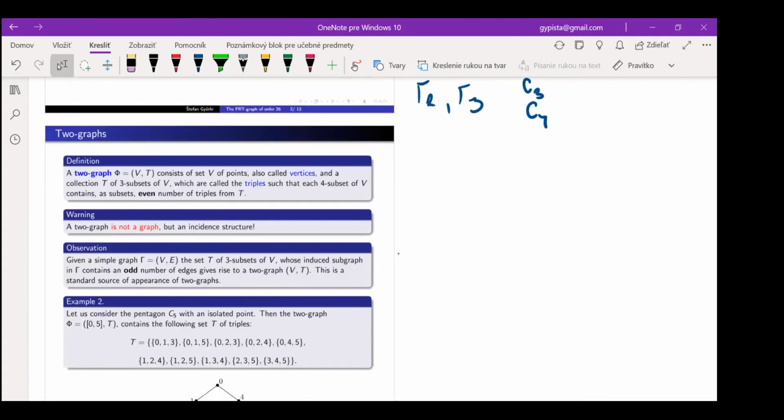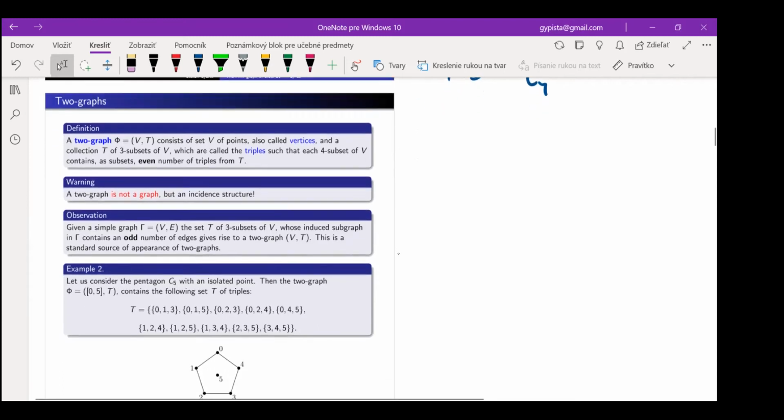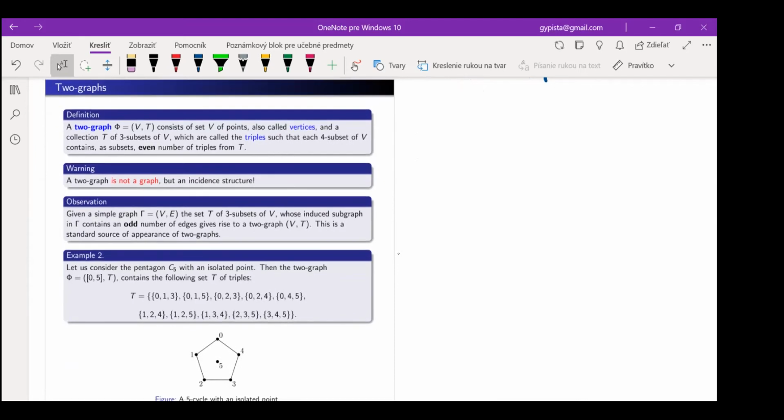Here we do not consider isomorphism. We need really to work with the labeled graphs. So this will be one concept which we will need. Another concept also appearing in algebraic graph theory is called the two-graph.